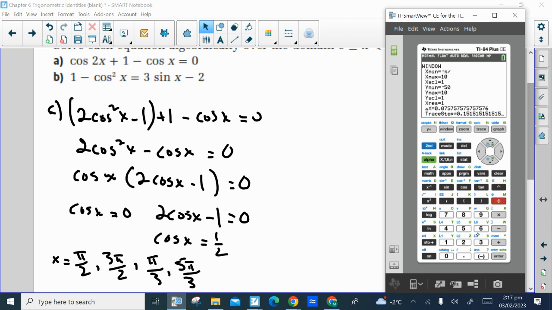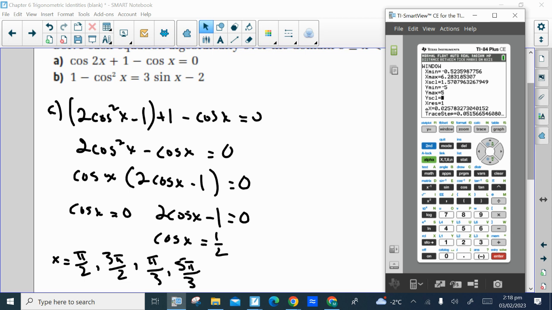So maybe I'll let my x min be negative pi on 6. So at least this way I'll see the y-axis. And my x max, I'll put it in as 2 pi for now. And I'll set my scale at pi over 2. I'm going to go from negative 5 to positive 5 on the y-axis.